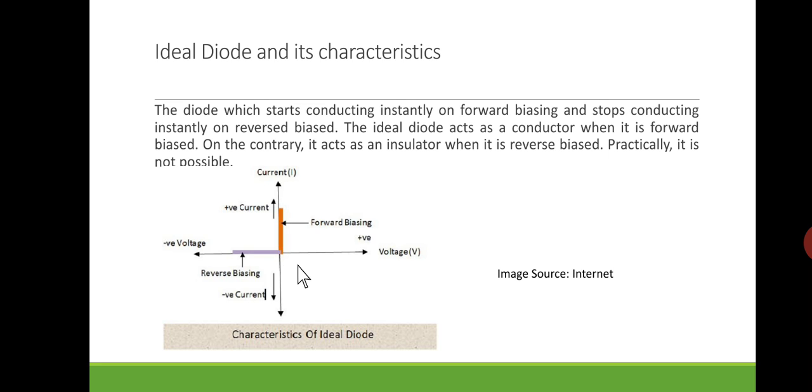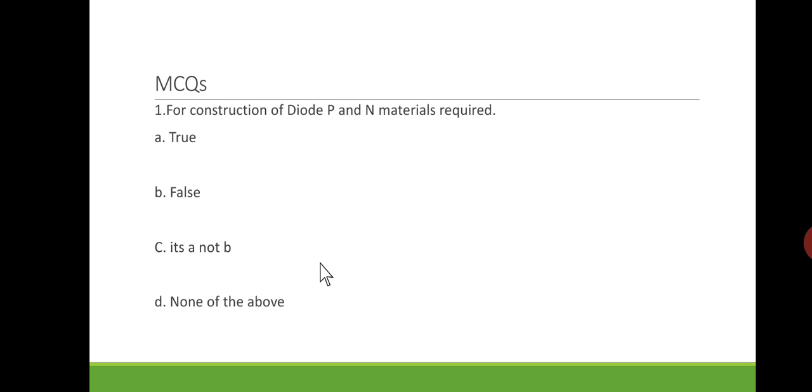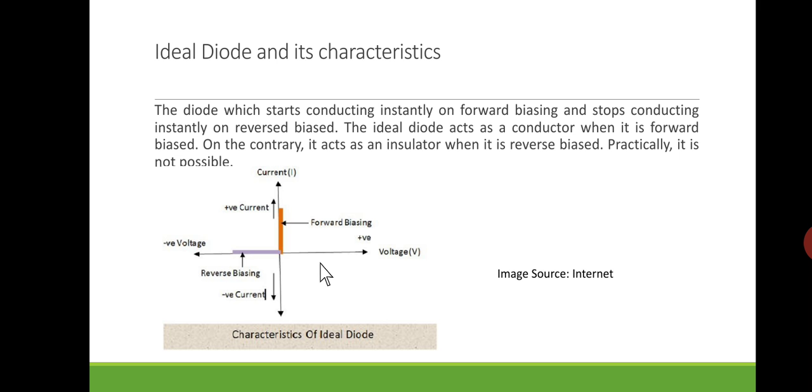Whereas in the reverse biased we are getting 0 current, and even when the voltage is increasing there is no current, because in the reverse bias the diode acts as an insulator.